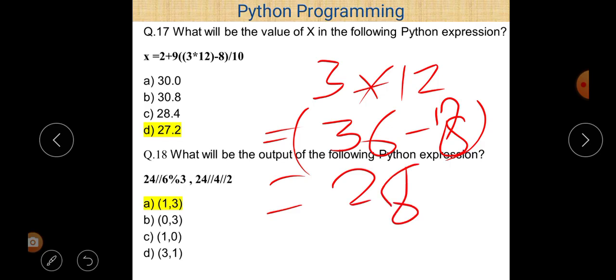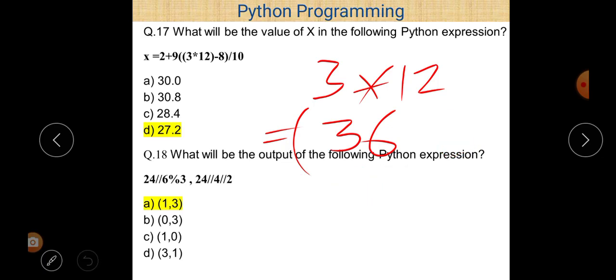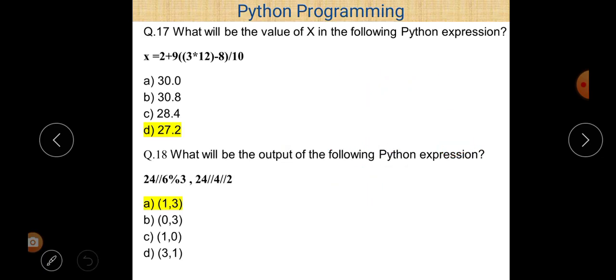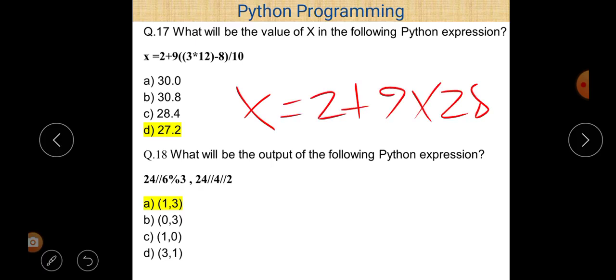Now our expression looks like this: x is equal to 2 plus 9 into 28 divided by 10. According to the precedence of operators, 28 into 9 is evaluated first, then it is divided by 10, and whatever value we get is added to 2. So our answer is 27.2.